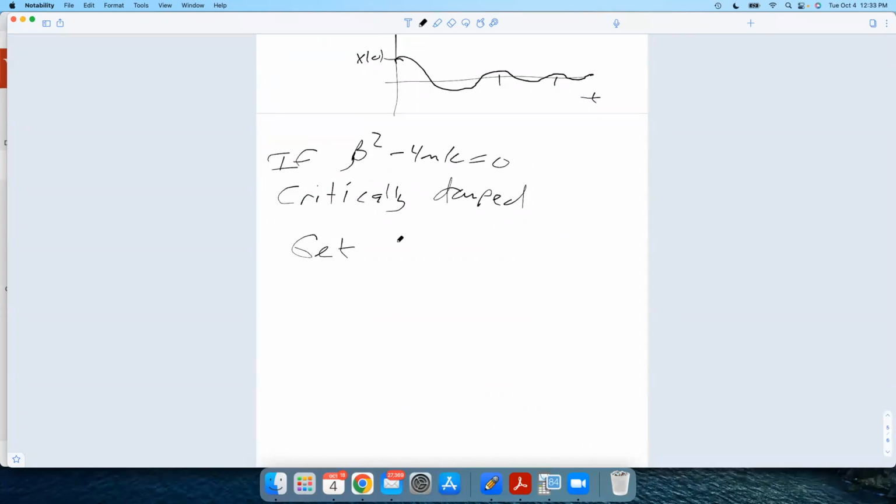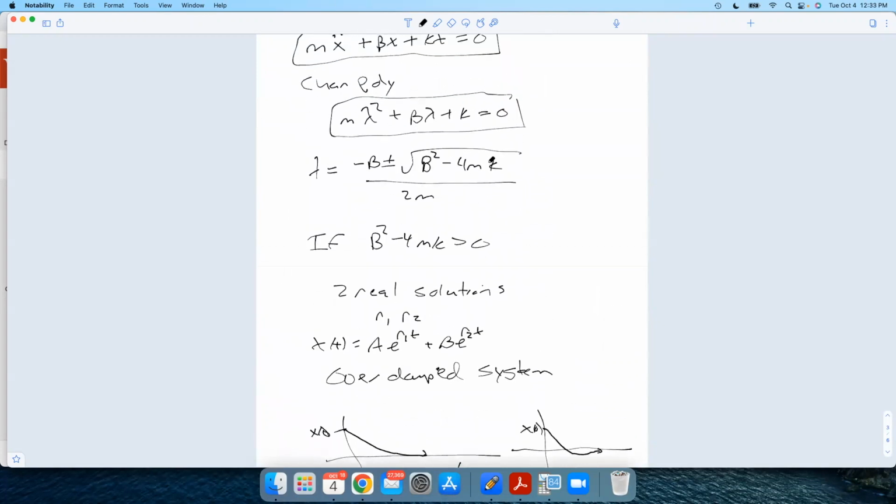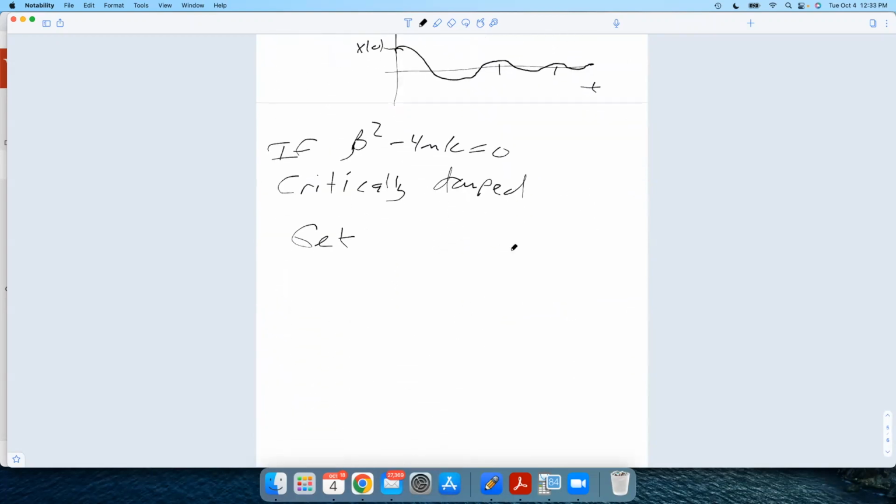Like we can just see what we would get here. If that equals 0, then that all disappears. Lambda is negative beta over 2m, repeated.